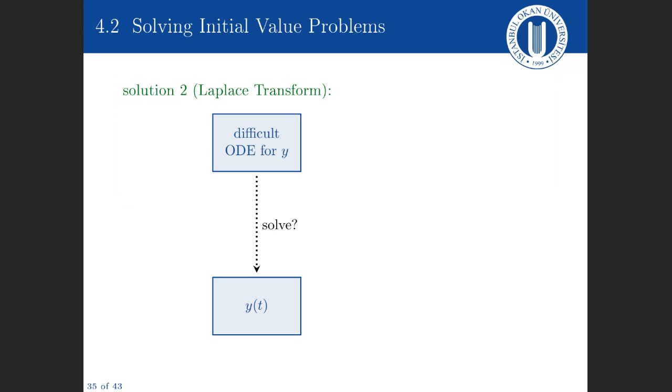But this chapter is about the Laplace transform. I want to solve this problem again, but using the Laplace transform. This time we have an easy differential equation, but let's suppose we don't. Let's suppose we had a more complicated equation that we couldn't do with the previous methods. How could we solve a difficult differential equation?